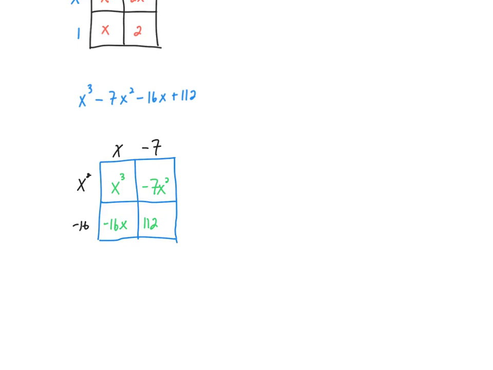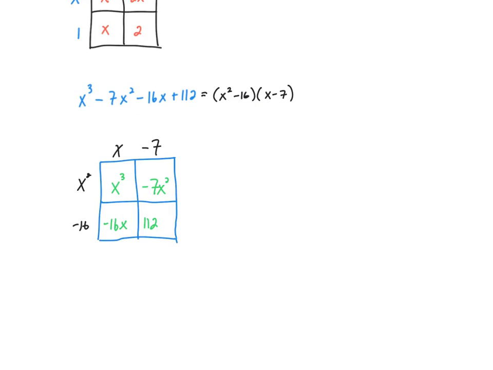Then I'd want to verify that negative 16 times negative 7 is indeed 112. We could plug that into our calculator and check. Sure enough, it checks out. So my 2 pieces here are x squared minus 16 and x minus 7.